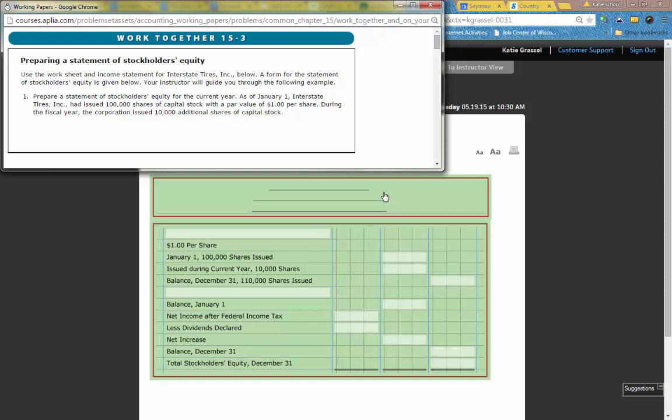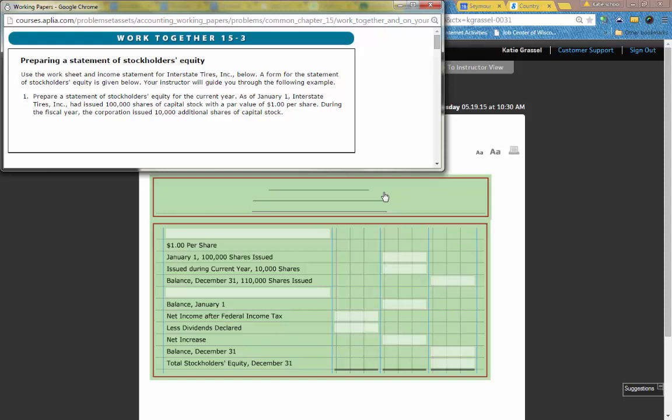The first one is capital stock. Those are physically the shares of stock that we have in a business. Okay? They will always tell you the number of shares that were issued at the start of the year and then how many were issued throughout the year. And we just do a little bit of math. This is pretty much like your owner's equity account.